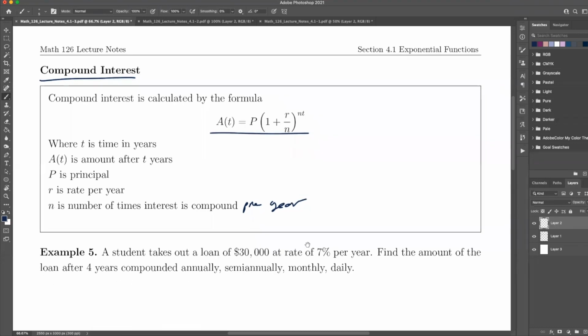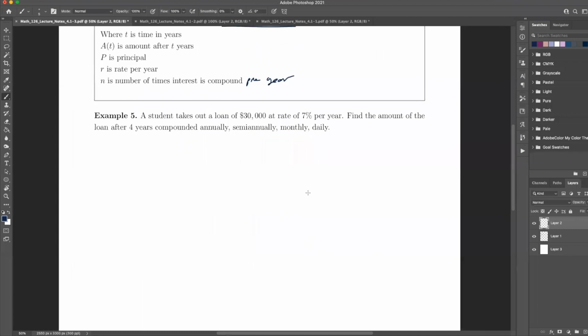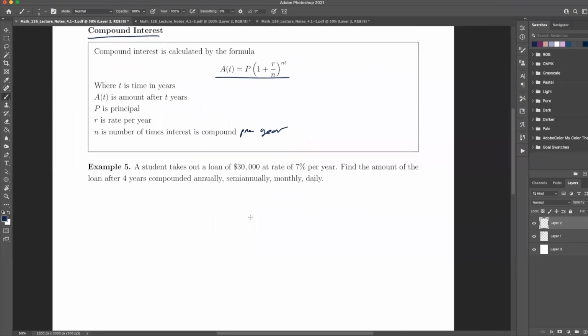All right, so let's do this. Let's zoom out just a teeny bit. Let's just name what our things are here. So our student's going to take out a loan of $30,000. So P in this case is going to be $30,000. Our rate in this case is 0.07.